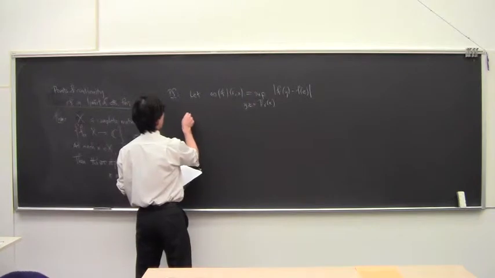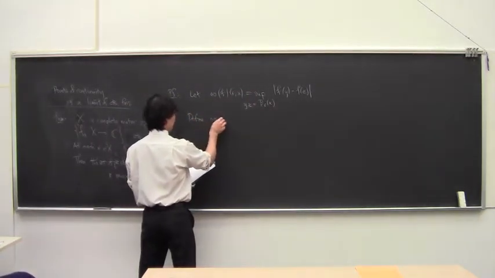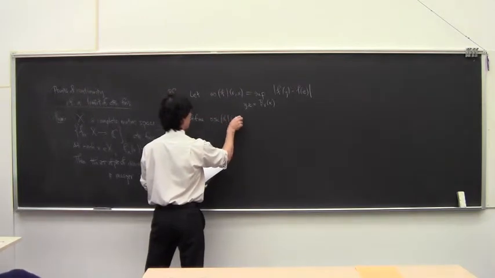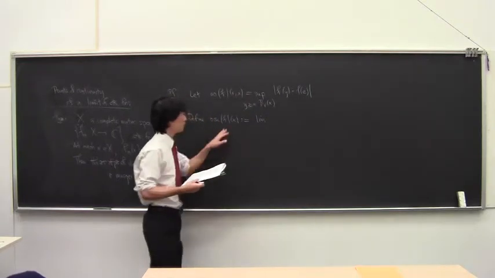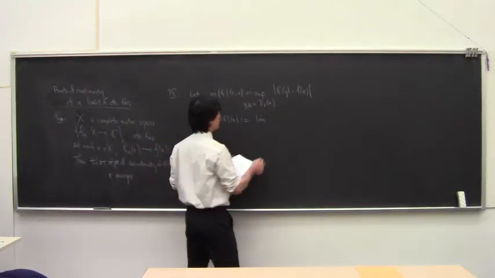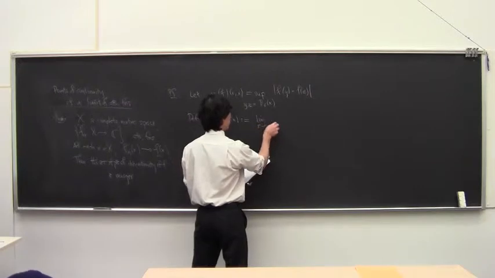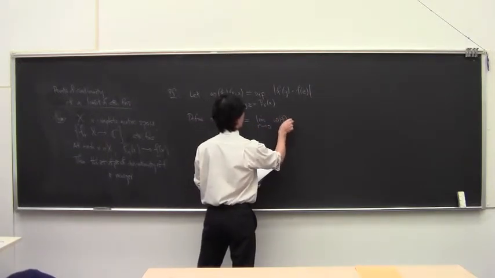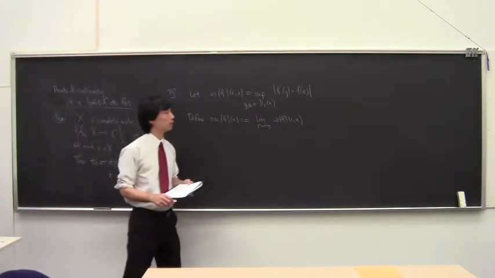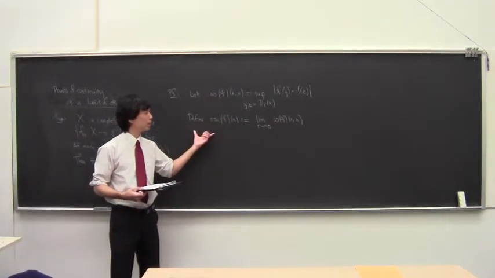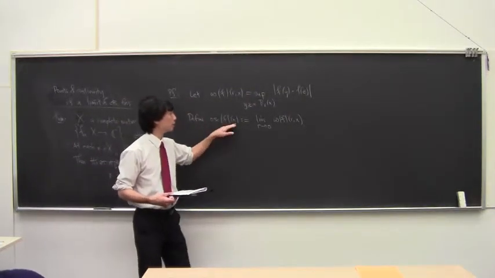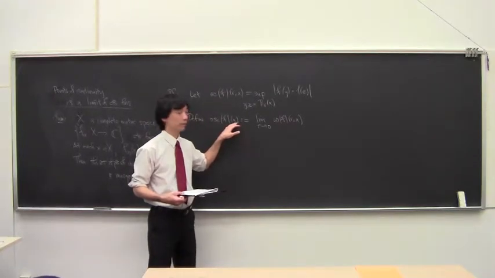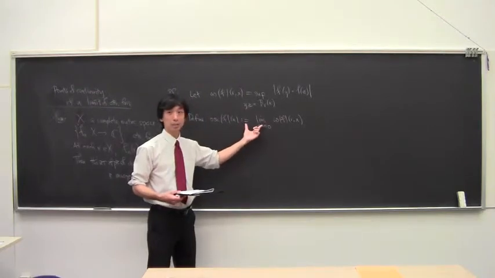And then we define the oscillation of f at x, the oscillation at a point, to be the limit as r goes to 0 of these omegas. You let the radius of the ball decrease to 0, and you're measuring the oscillation of the function at that point.